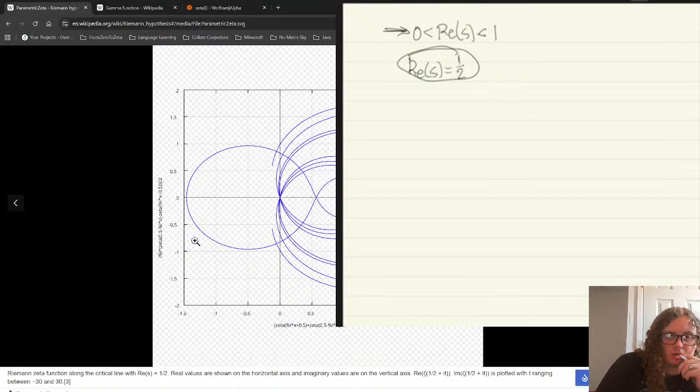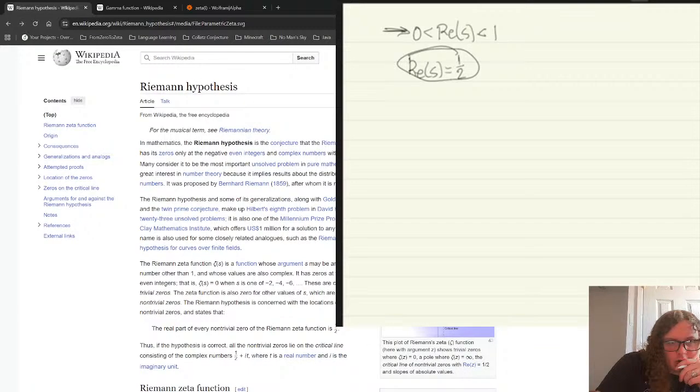Looking at this, okay, right, this is the function output, but I don't know what the inputs are.